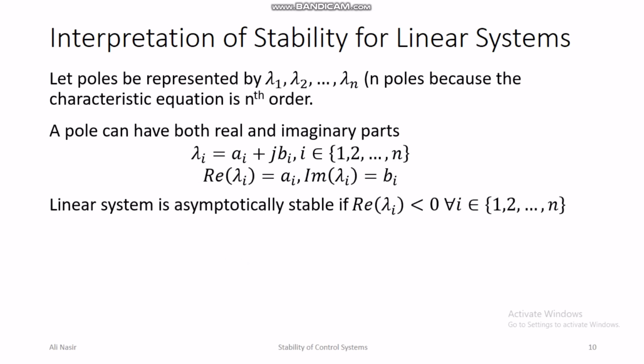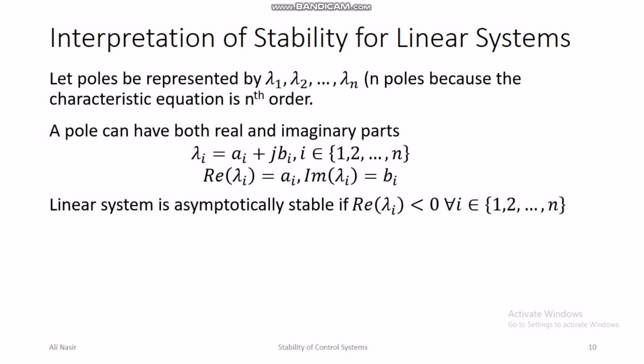A linear system is asymptotically stable if the real part of all the lambda i, the real part of all the poles, is less than 0. If you calculate the poles of a transfer function, or if you calculate the poles using the eigenvalues of the matrix A, then if the real part of all of your calculated poles is strictly less than 0, then you are guaranteed that your system is asymptotically stable.